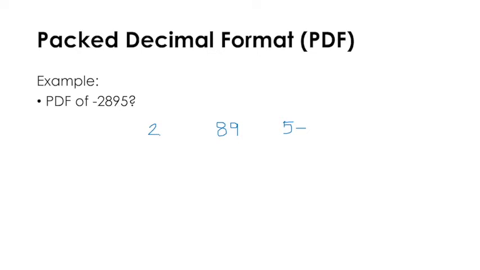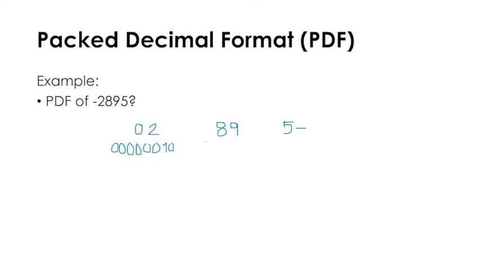And we all know that the PDF is for 2 digits, so we will put 0 next to 2. So the BCD format of 0 is 0000, and the BCD format of 2 is 0010.